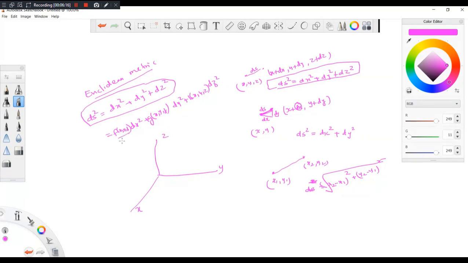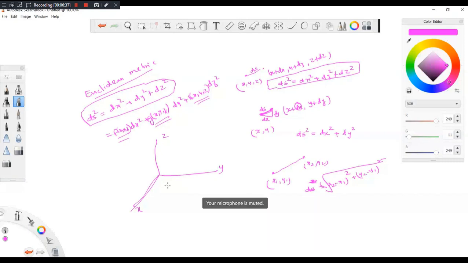But when these coefficients become functions, your space will not have this nature; rather, your coordinate system itself will not be rectangular. They may be curves. Okay, so that is what is happening.